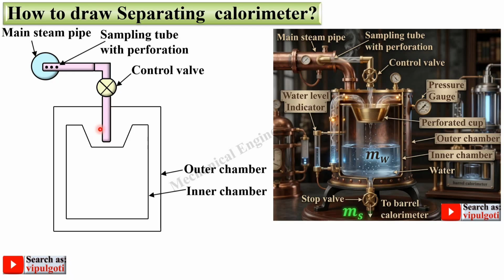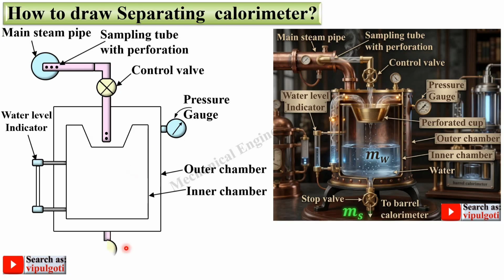So this device is used to measure the dryness fraction of the steam which is flowing from this main steam pipe. Again here there is a perforated pipe. Here this is the water level indicator, so that you can measure the water level inside this chamber. Here a pressure gauge is provided so that you can measure the pressure.